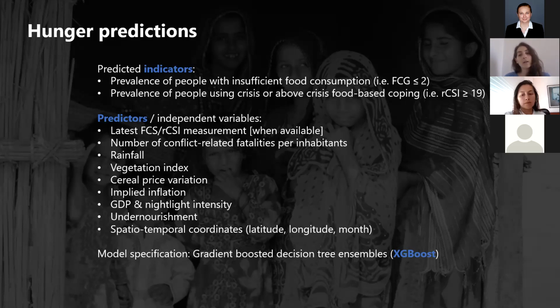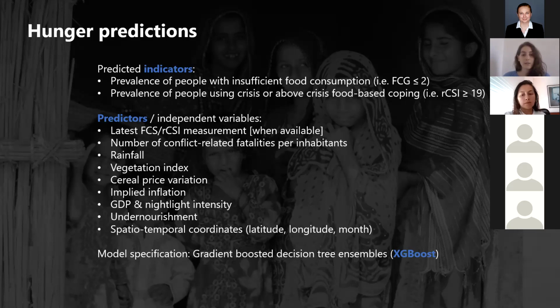And the second one, also important, is the prevalence of people using crisis or above crisis food-based coping. Basically, this is based on the reduced coping strategy index, another indicator on the coping strategies the households have to implement to cope with food scarcity.